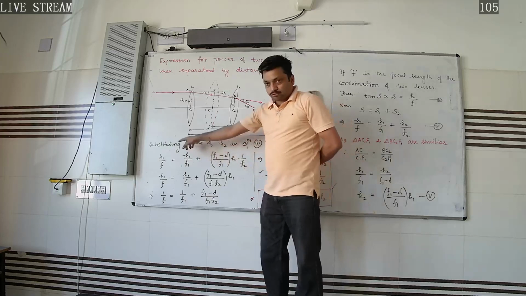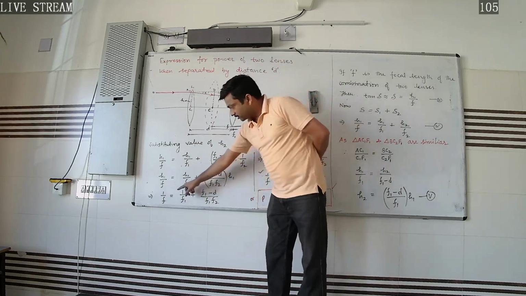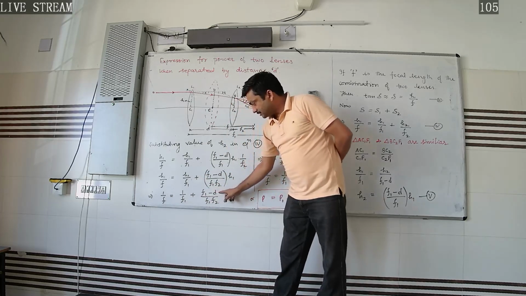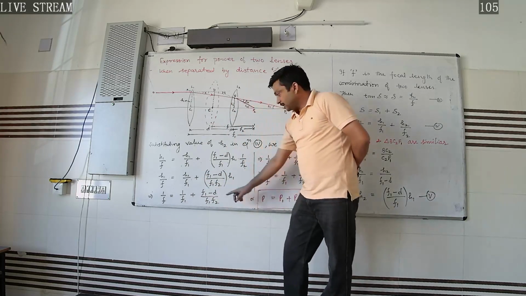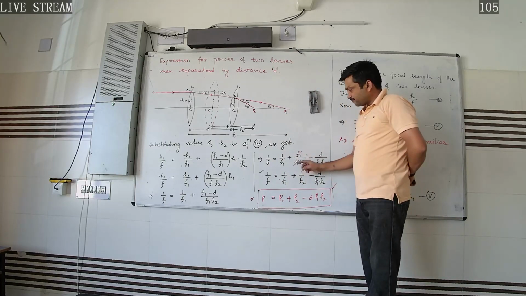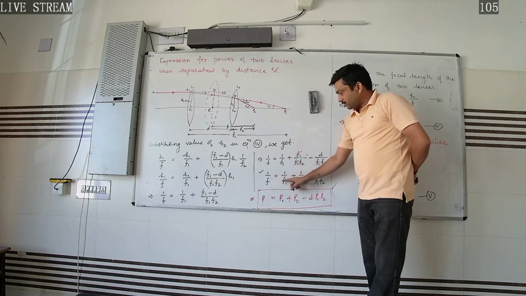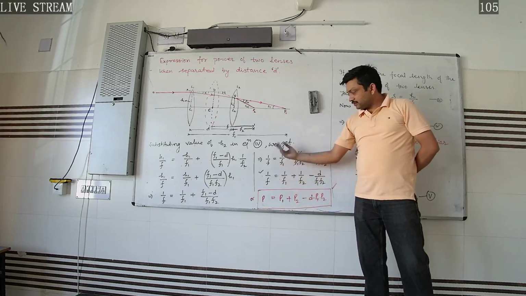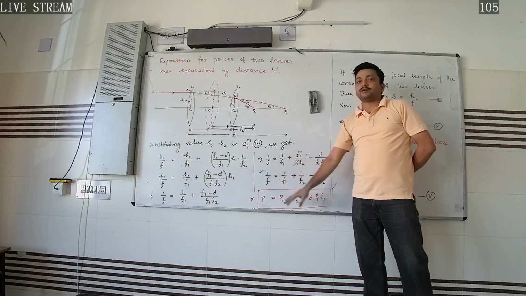Now h1 will get cancelled out throughout, and we get the formula 1 over f is equal to 1 over f1 plus (f1 minus d) over f1 into f2. Now breaking the fraction, we can write it like that, where f1 and f1 get cancelled out, and we get the net formula. We have got here two formulas, in terms of focal length and in terms of power.